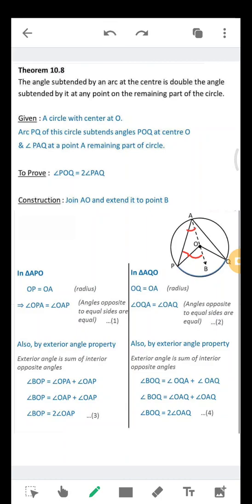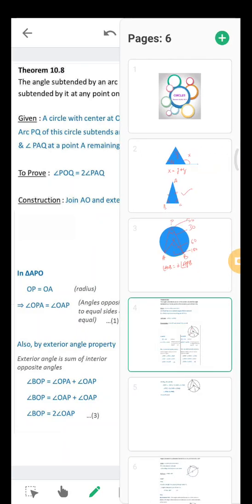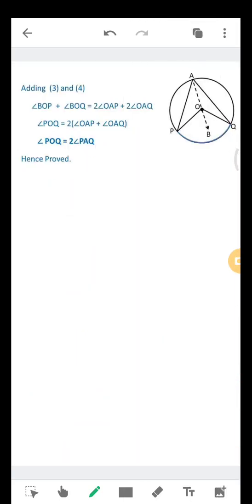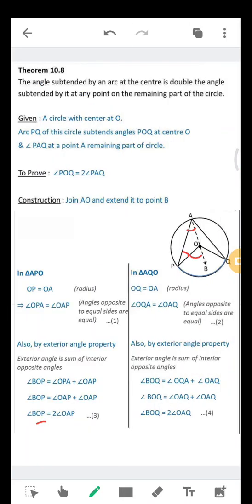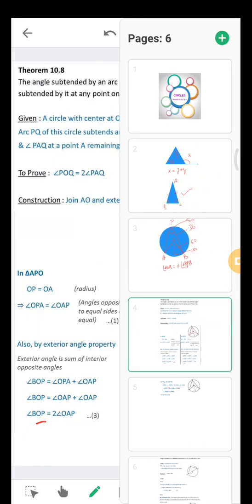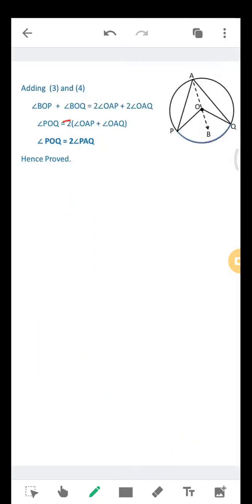Now I'll add both equations, the left hand sides first: BOP plus BOQ is equal to twice OAP plus twice OAQ. So I have got what is required to prove.